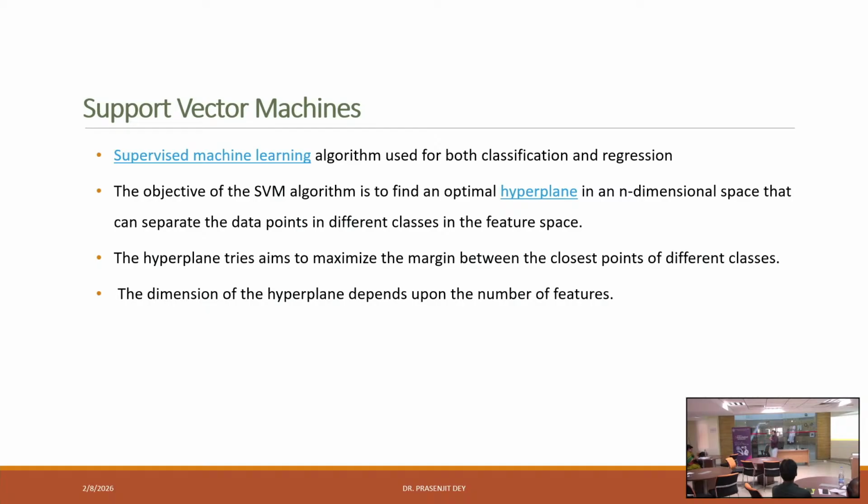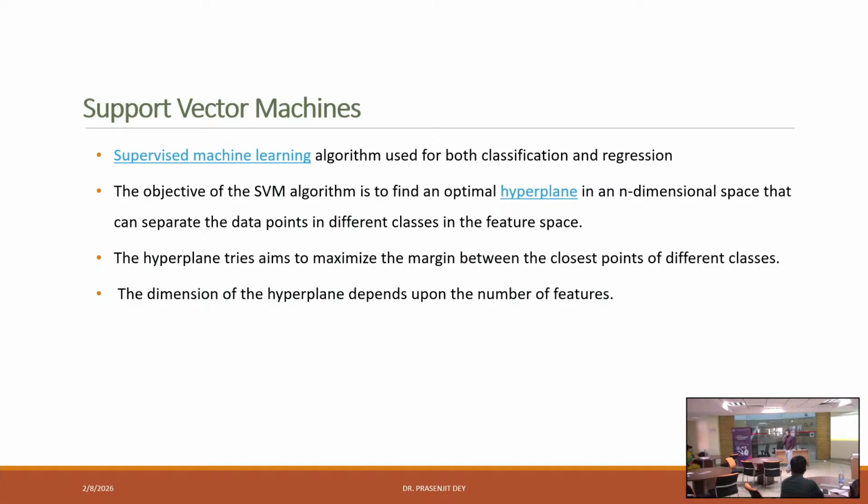Similarly, if the data is higher dimensional, the plane needs to be a hyperplane. So I need to draw a hyperplane, that means a linear decision boundary that can separate the data points. The hyperplane tries to maximize the margin between the closest points of the different classes, and the dimension of the hyperplane depends on the number of features.